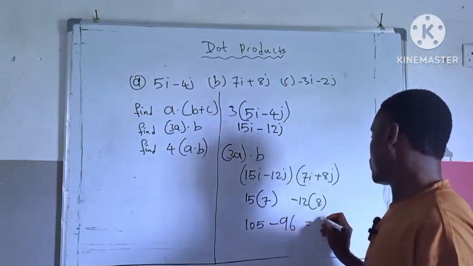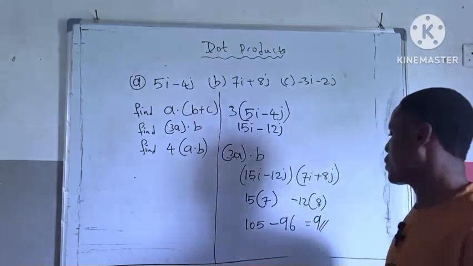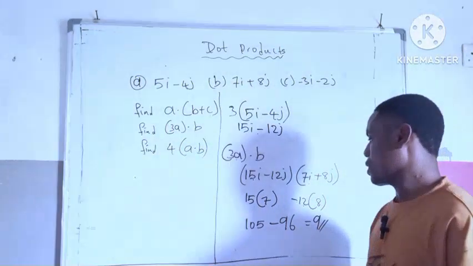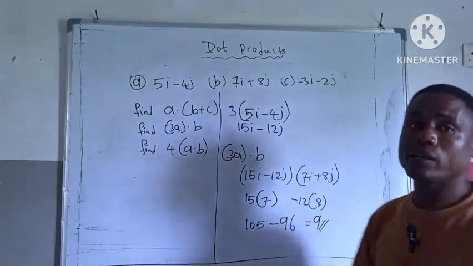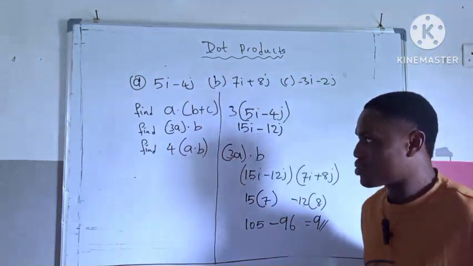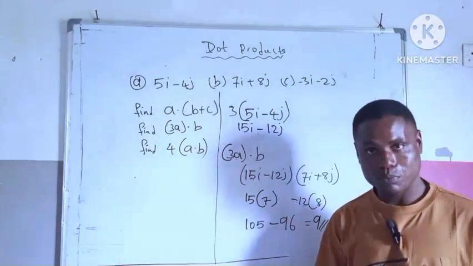So if you subtract, the answer will be 105 minus 96, that is 9. Okay, let's solve the last one under dot product.